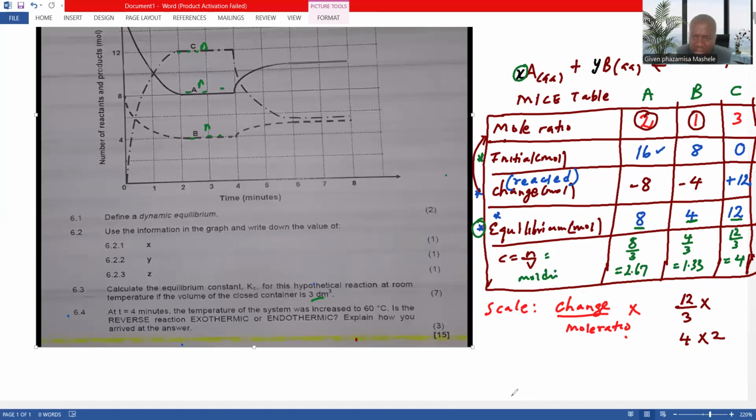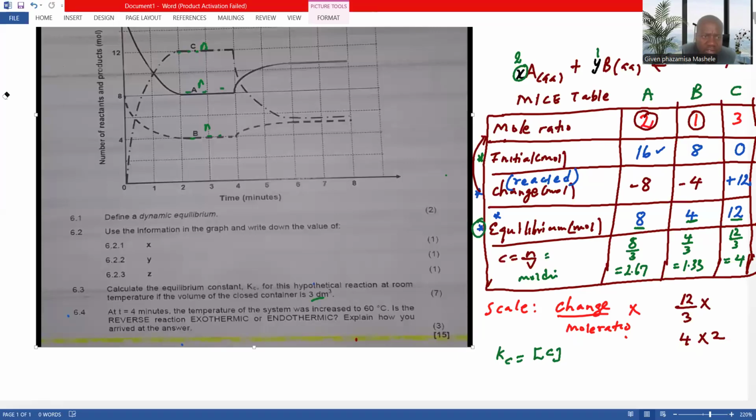So now we can calculate the Kc. By the way, ladies and gentlemen, we now know the values of X, Y, and Z: 2, 1, and 3. So it means we're going to say Kc. Let's check, we do not have solids and liquids, just gas. Okay, fine. It will be the concentration of the C, goes to the power of 3 here.